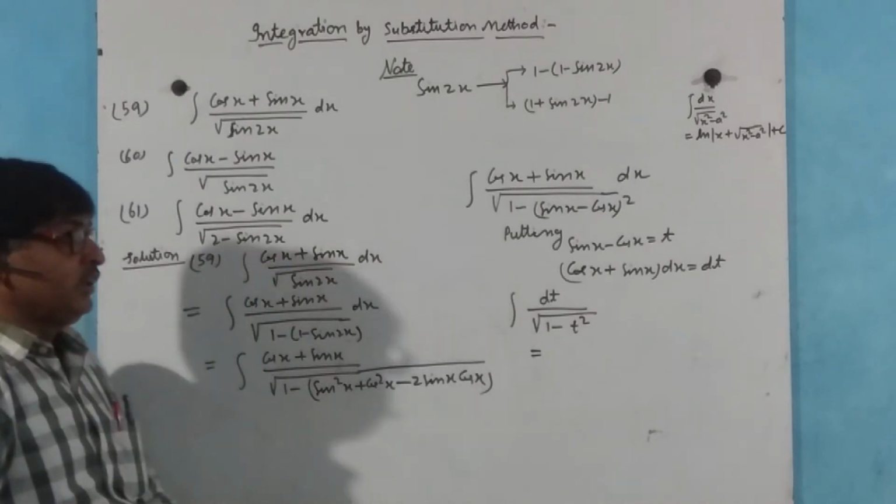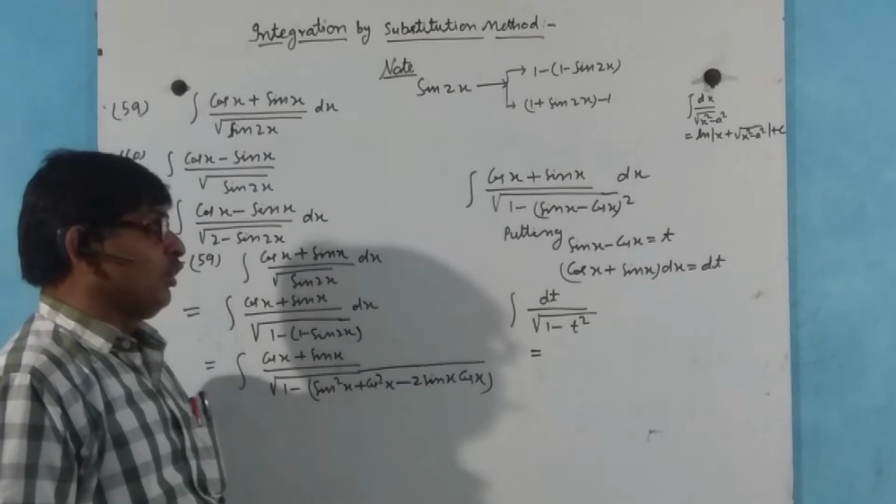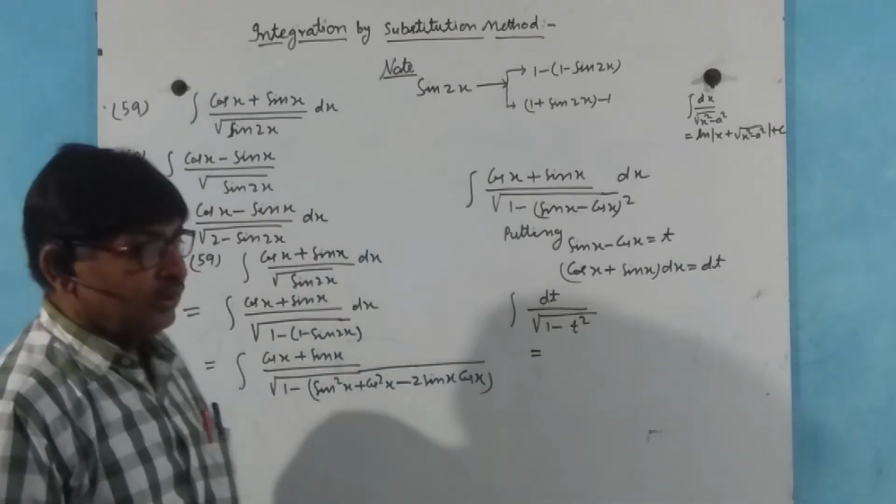As you know, integration of dx divided by under root 1 minus x square equal to sin inverse x.